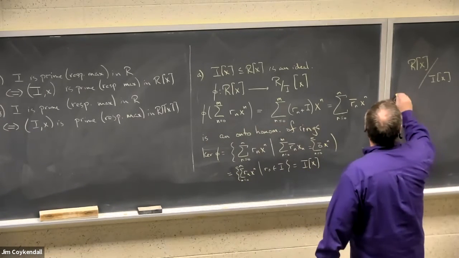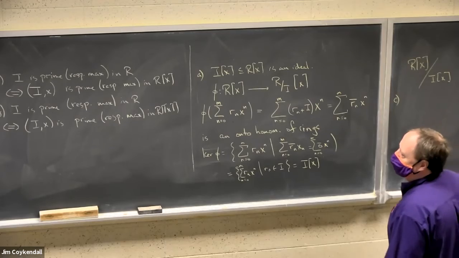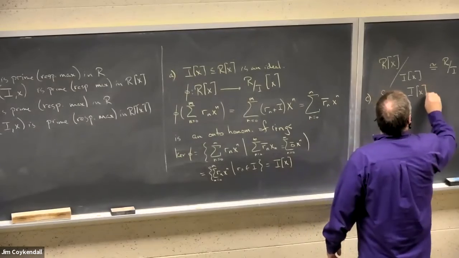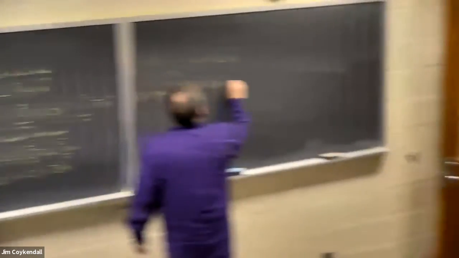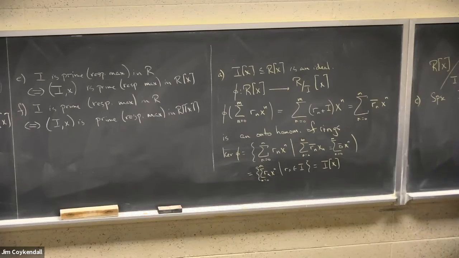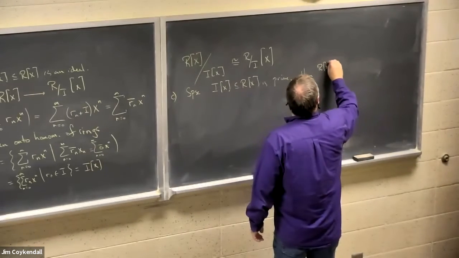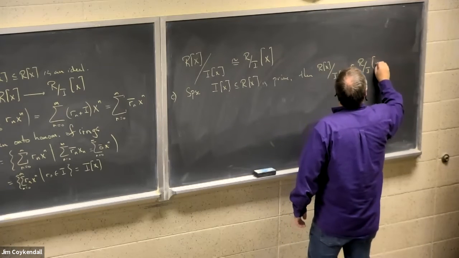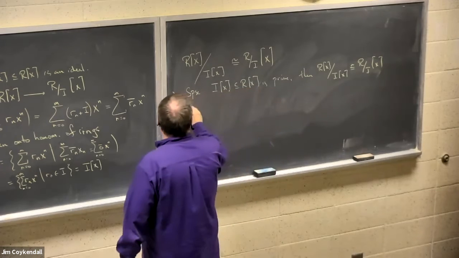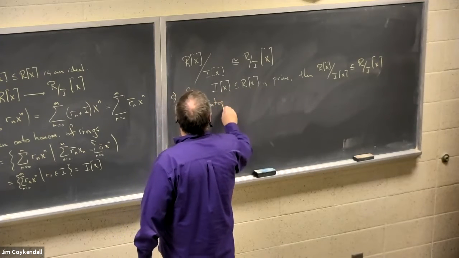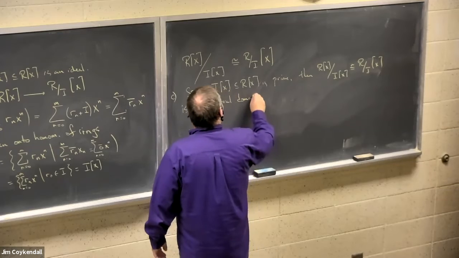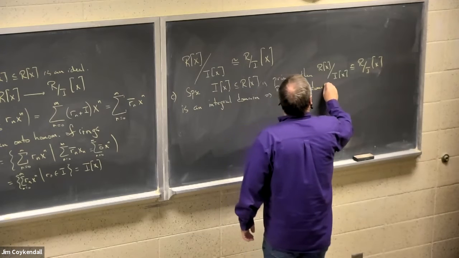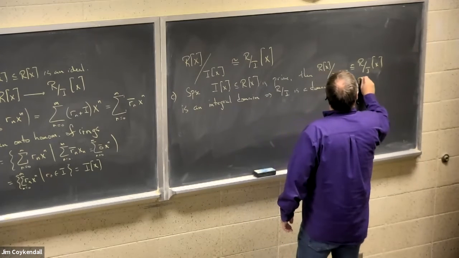So notice that, for example, for C, suppose Ix in Rx is prime, then Rx mod Ix, which incidentally is isomorphic to R mod I, is an integral domain, which implies R mod I is a domain, which implies that I in R is prime.